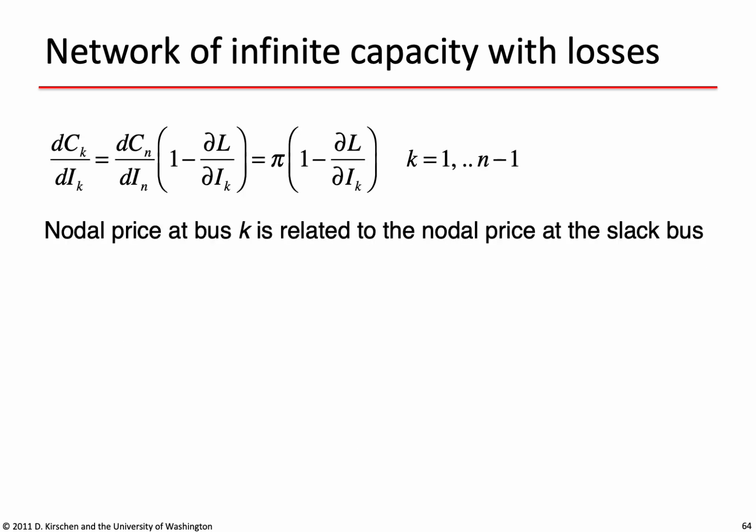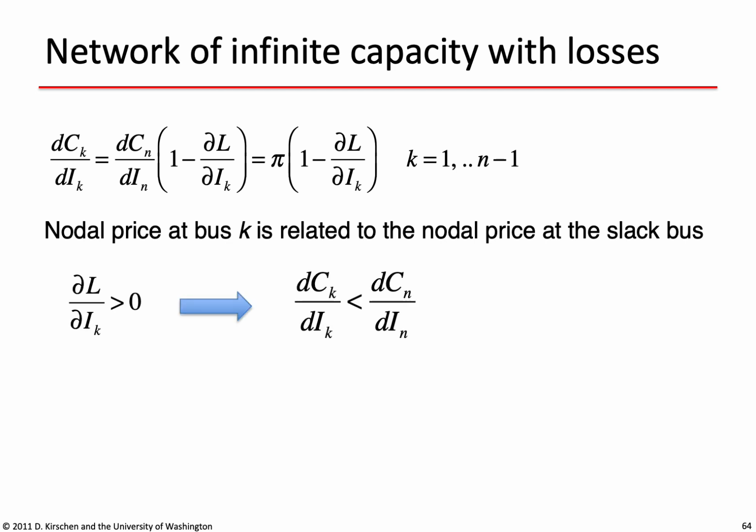So let's look at that. It shows that the nodal price at bus k, dCk over dIk, is related to the nodal price at the slack bus, dCn over dIn, or pi. And the relation involves 1 minus dL over dIk.